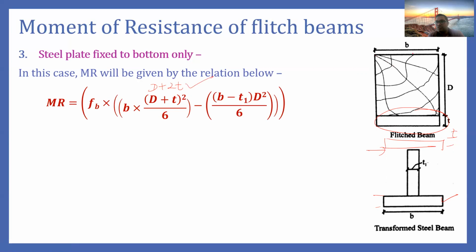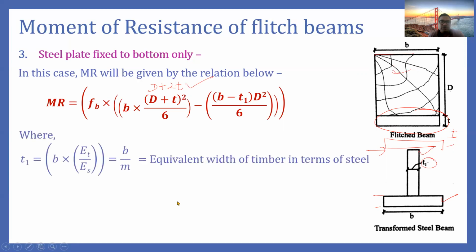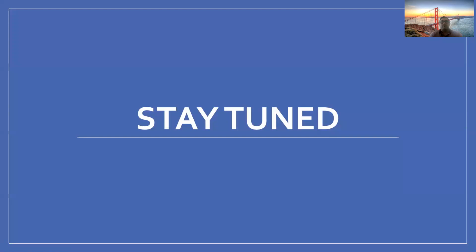In this case also, this whole timber can be converted into a steel plate of thickness T1, and T1 can be calculated by using the modular ratio. So the same formula can be used for this, except there is a small modification in terms of T. For other configurations, we can use the same phenomena that we have used for the first case.